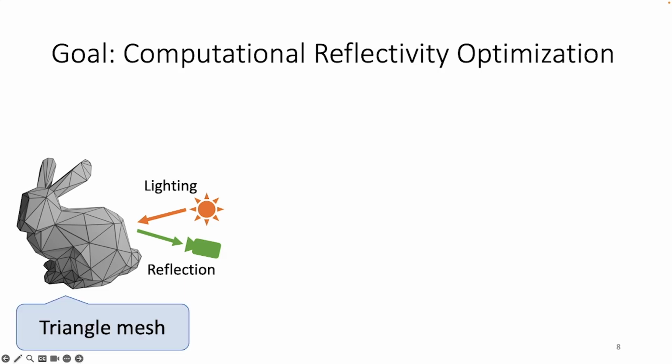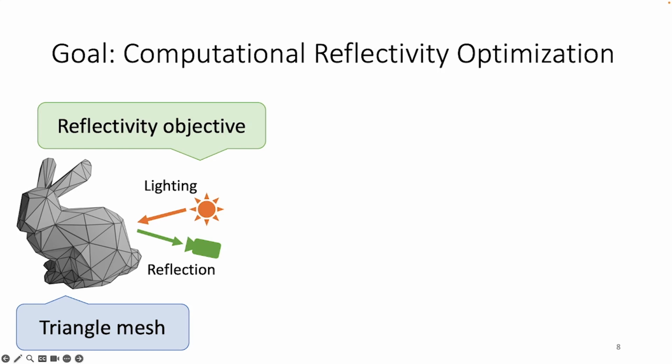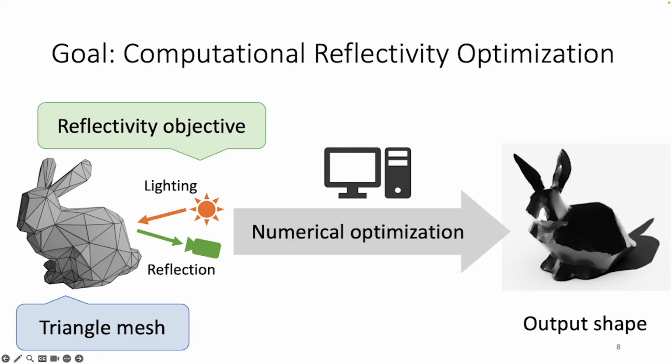Our framework takes a general triangle mesh as input, and the user specifies desired reflectivity objective. Then our method outputs a shape that significantly improves the specified reflection function, only causing minimal modification to the original geometry.